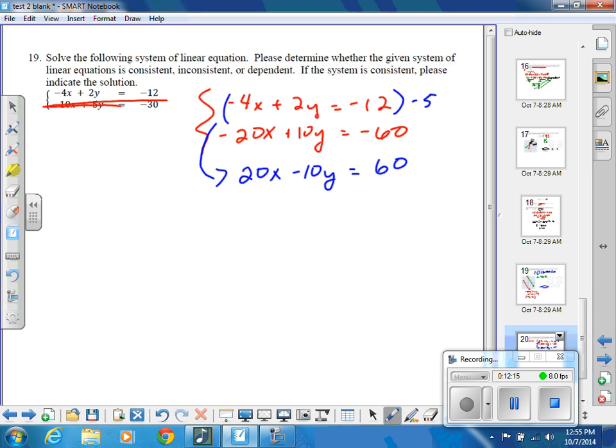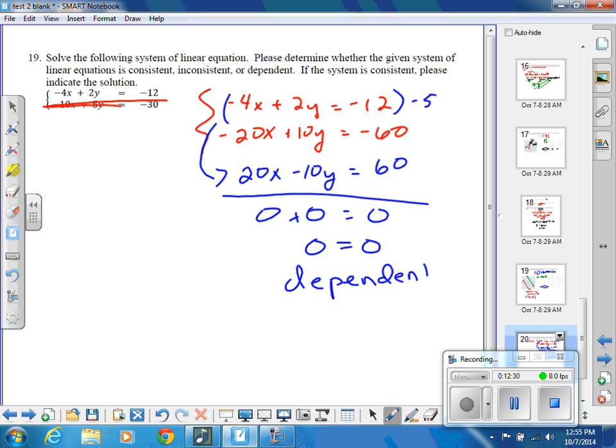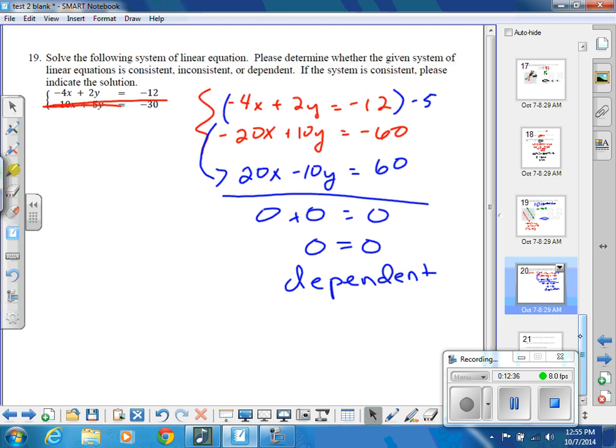Here, negative 20 and positive 20 give me 0, 0, 0. Uh-oh, 0 equals 0. We said earlier that this was an example of dependent. So this is a dependent system.